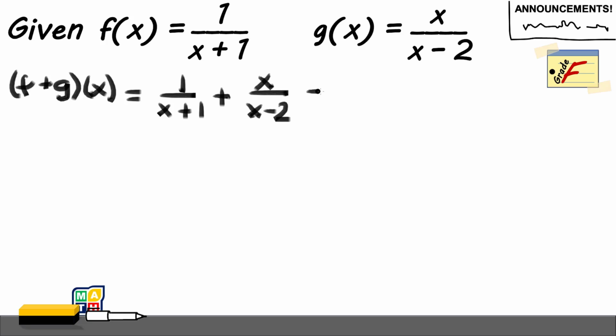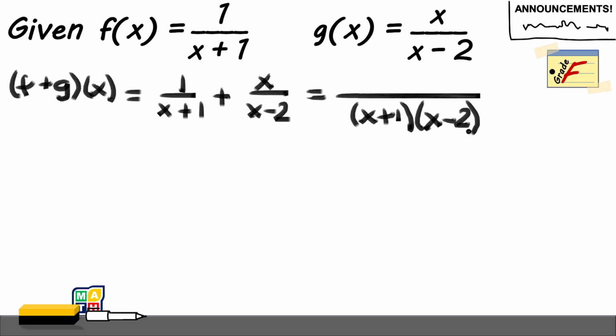Here, we also just need to multiply our denominators to get our LCD: x plus 1 times x minus 2. Now don't multiply it in the meantime because there might be a possibility of canceling one or both later depending on our numerator. But this is our LCD.